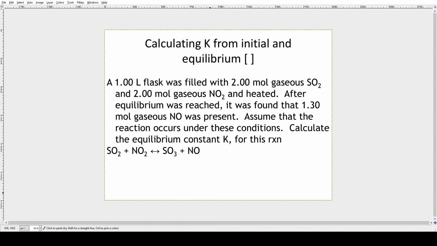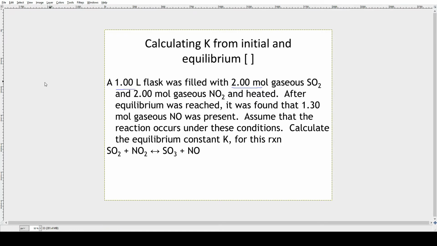So for those of you who are still with us, we have a 1 liter flask that was filled with 2 moles of gaseous SO2 and 2 moles of gaseous NO2, and it was heated. So are they giving me my initial concentrations outright? No, not really. They're giving me the moles and the liters. So I need to take this number and divide it by that.